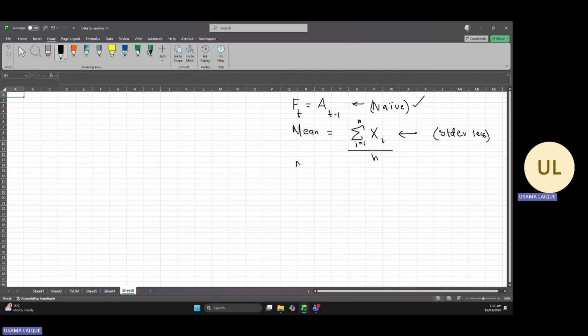Then we move towards the moving average. If you think about the generic form of a moving average, it was something like this. We consider a number of lags, and the moving average depends on the value of n. So n is basically the number of lags which we use. The first lag is A subscript t minus 1, then A subscript t minus 2, then A subscript t minus 3, and so on, up to A subscript t minus n, divided by n.